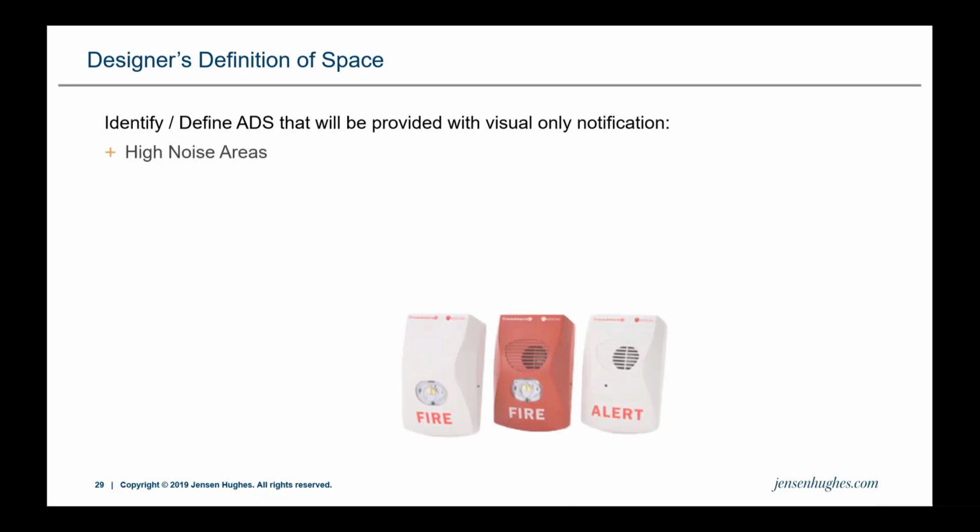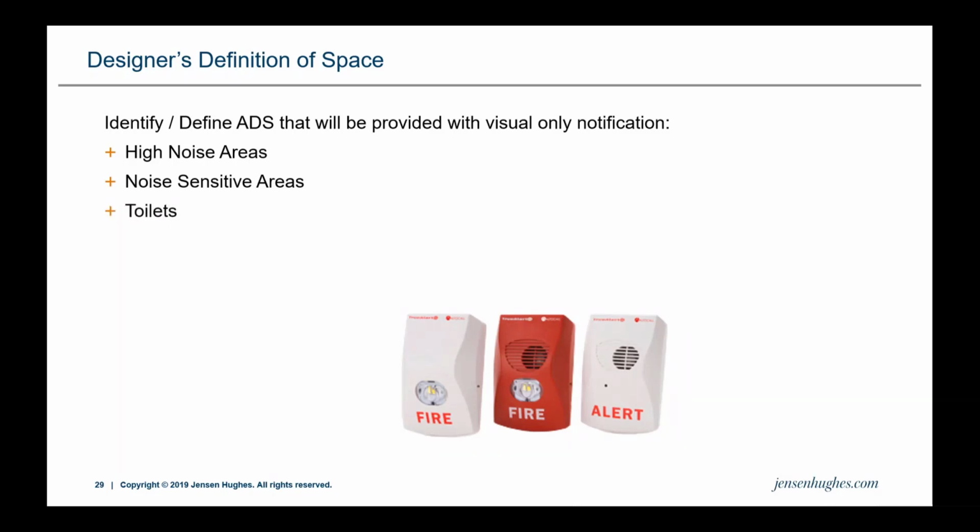Now, visual only spaces might include things like high noise areas like mechanical rooms, equipment rooms, assembly line spaces, and the like. It might include noise sensitive areas like lactation rooms, recording studios, and other types of sensitive spaces.